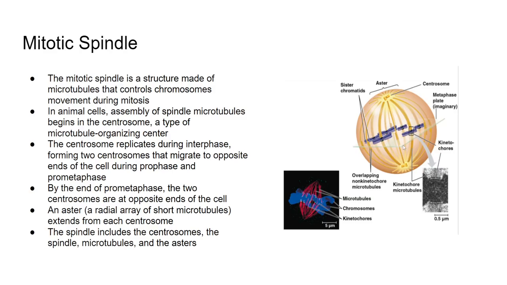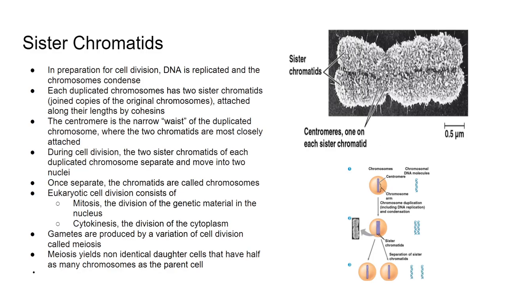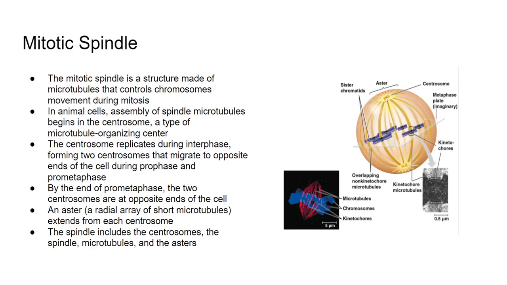Okay? And these are some important things that I want to talk about here. Kinetochores specifically. So we were talking about the centromere region here, which was this waist region of the sister chromatid. There's actually a protein complex referred to as a kinetochore. And you might think these microtubules are attaching to the centromere, which is a fair assumption, because it is technically the centromere.